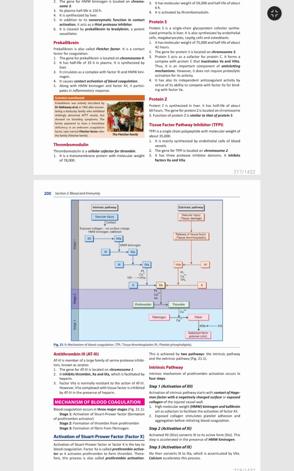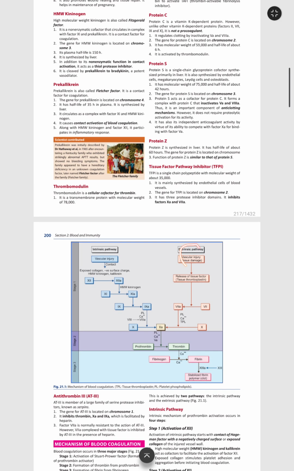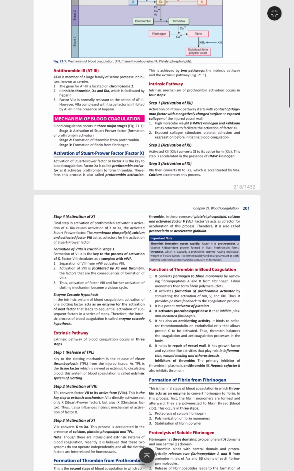Okay, stage 1, stage 2, stage 3. So there is vascular damage and the release of tissue factor, that is the third factor, right? Then 7 to 7A, 10 to 10A. Here it is 3, 7. Here it is 12, 11, 9, 10. Yeah, that's it.